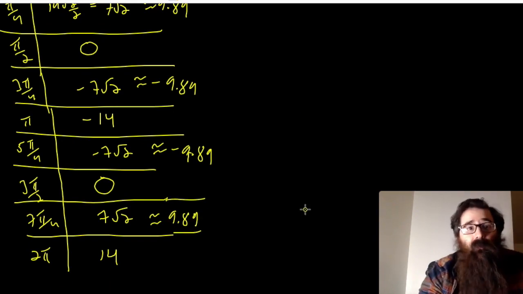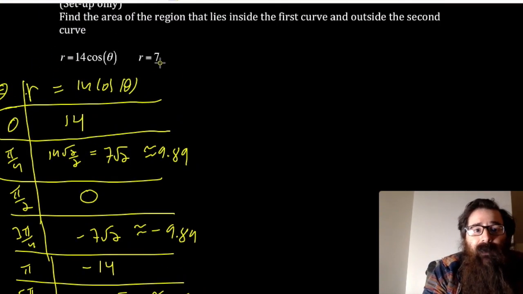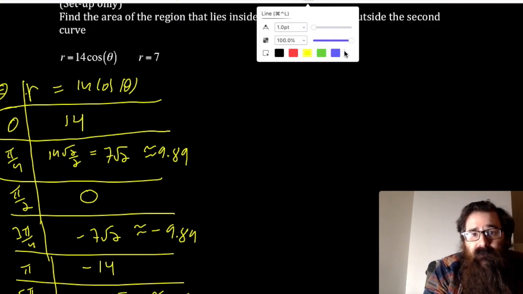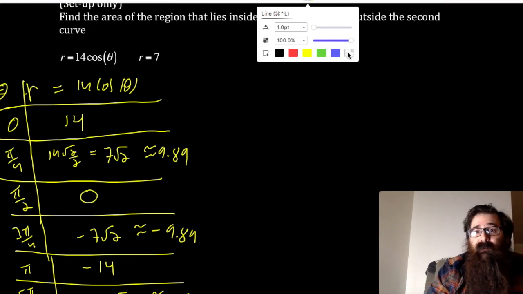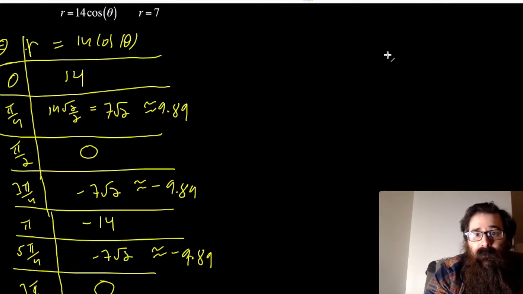Let's go ahead and get graphing then. I'm not going to bother with the other one. r equals 7 is just going to be a circle of radius 7, so that shouldn't be hopefully too tricky to navigate. But let's see what we can get going here. Get our graph paper set up.